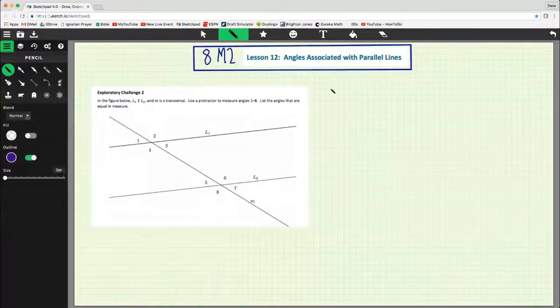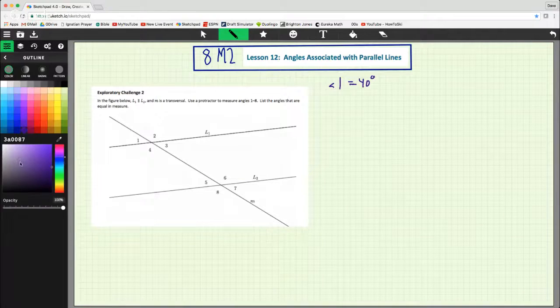So now I'm going to tell you that angle 1 equals 45 degrees. Now, let's make it 40 degrees. So now you tell me what angle 2, angle 3, angle 4, angle 5, angle 6, angle 7, and angle 8 equal.